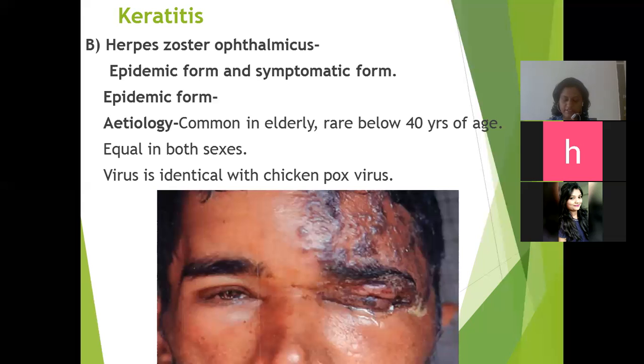Systemic steroids are indicated to reduce the severity of postherpetic neuralgia, optic neuritis, and cranial nerve palsy. Artificial tears and a bandage soft contact lens for a persistent epithelial defect, and penetrating keratoplasty in case of dense scarring of the cornea. So this is all about the treatment of herpes zoster ophthalmicus.